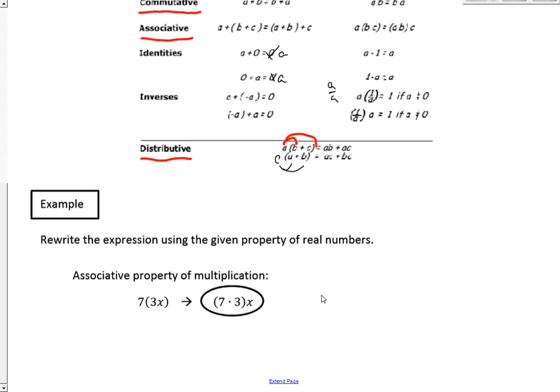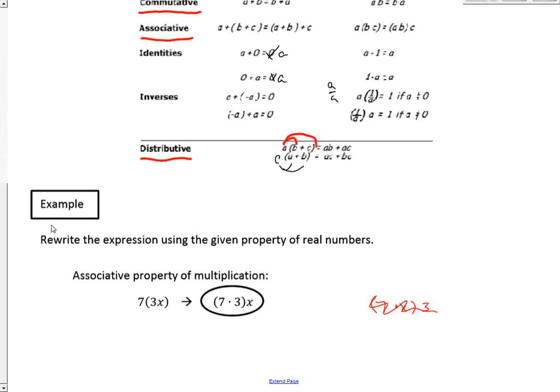You also could have applied the commutative property within and had 7 times x in parentheses times 3, but that would be a combination of commutative property and associative property. Here, they only asked you to do associative.